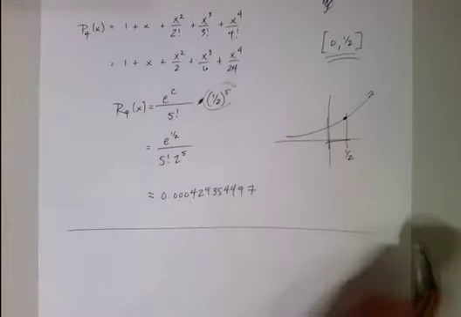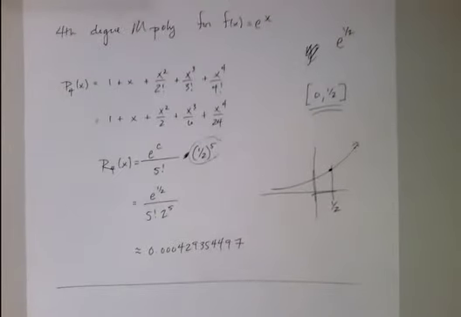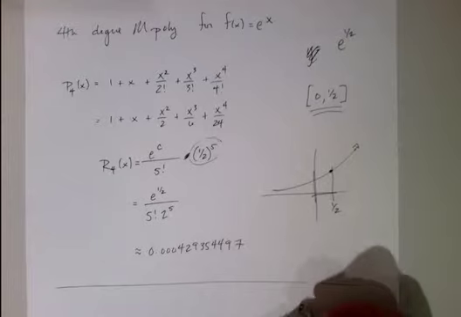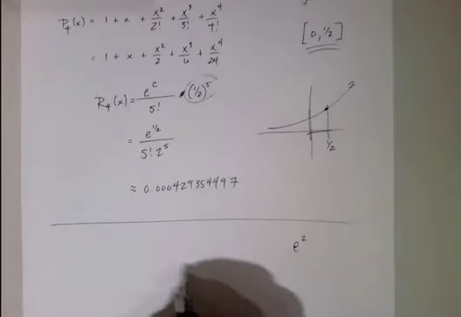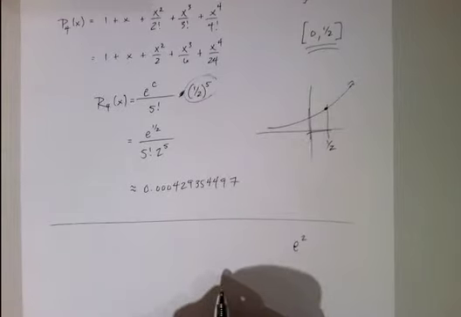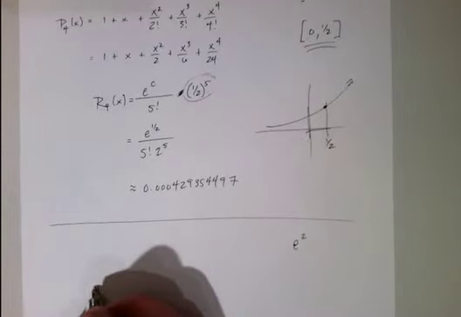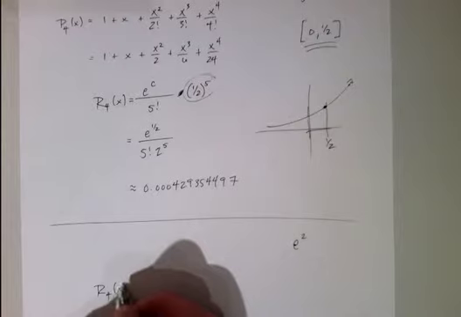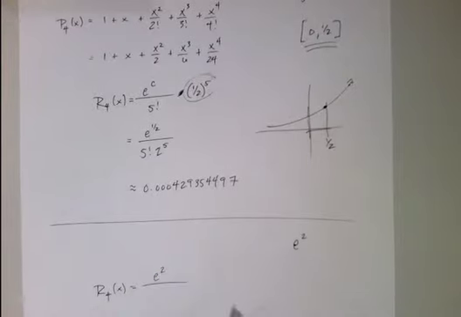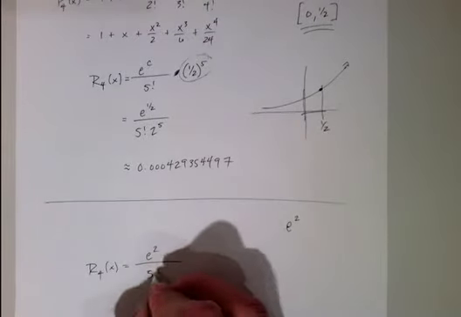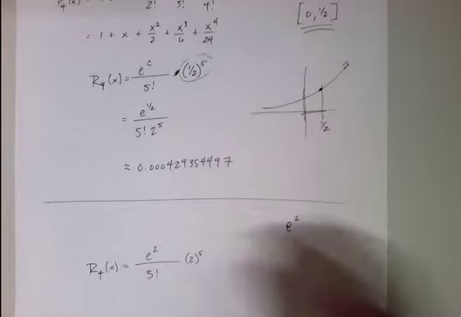And here's the thing. Let's say that I instead wanted to approximate e squared. It would still be the same sort of thing, except the e to the c would be e squared, over 5 factorial, and it would be 2 to the 5th.